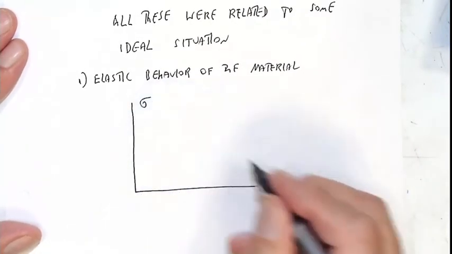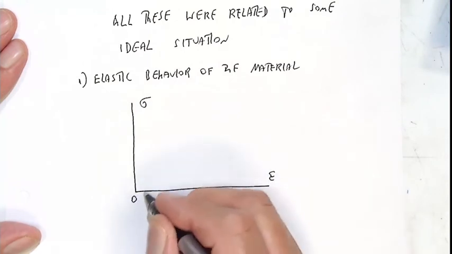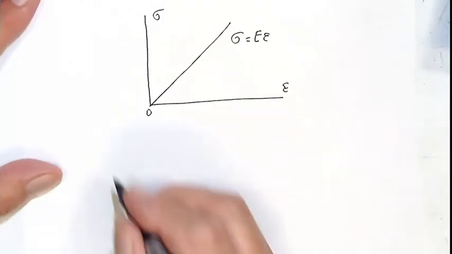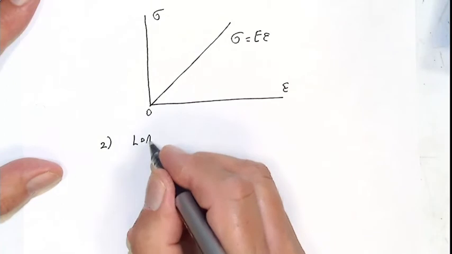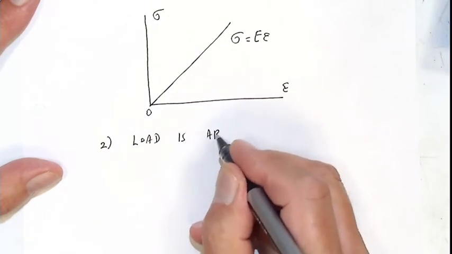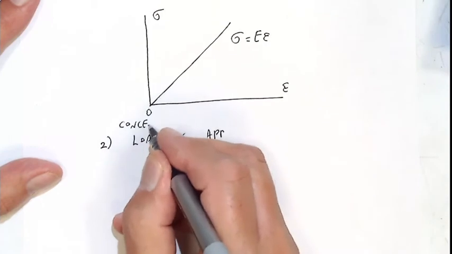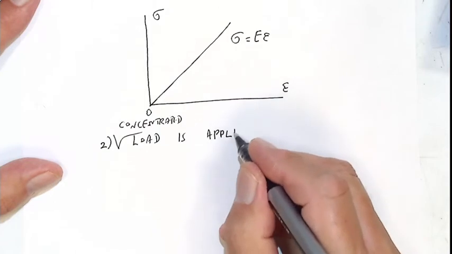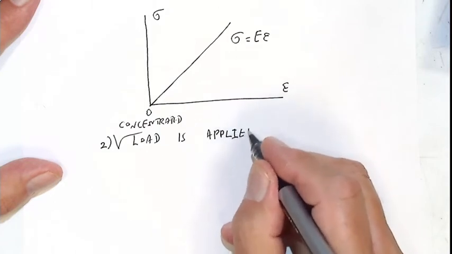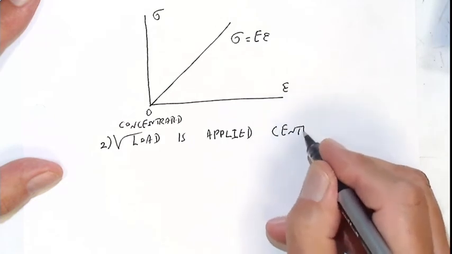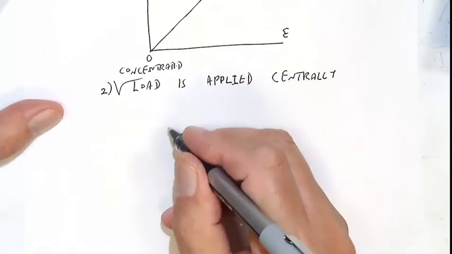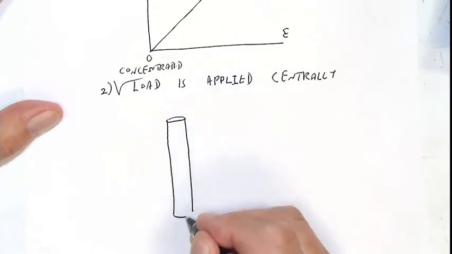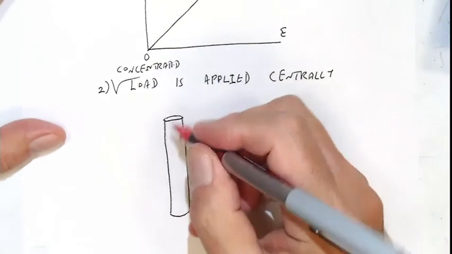Sigma epsilon is linear, so sigma equals E times epsilon. Second, the concentrated load is applied centrally. What does it mean centrally? I have a beam, let's say of circular cross-section. Then the load is applied in the center.